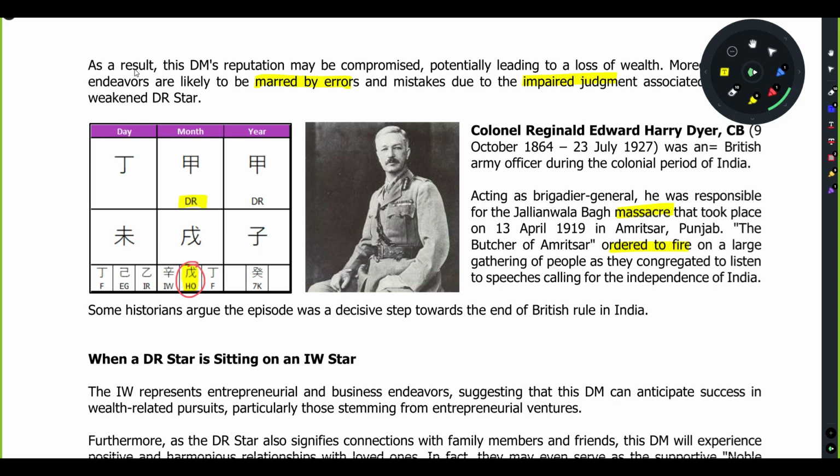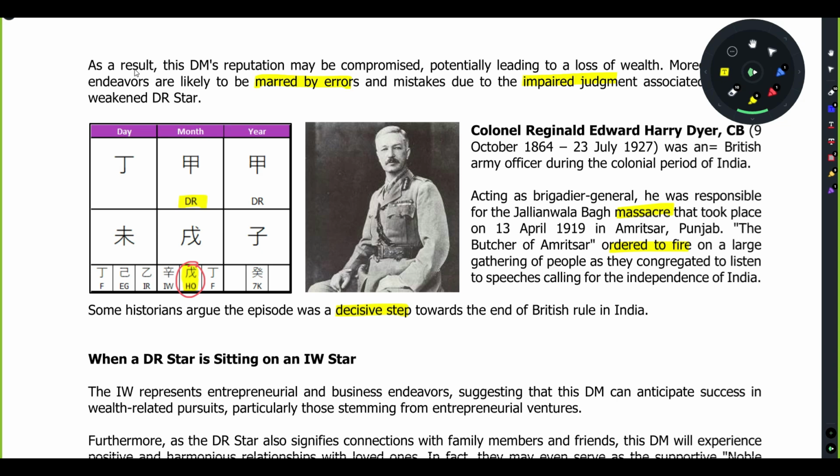And in a way, one can consider that his action hurts the British Army or the British Raj at that time. In fact, this Amritsar massacre so angered the Indian populace that it became what some historians would argue was a decisive step towards the end of British rule in India.